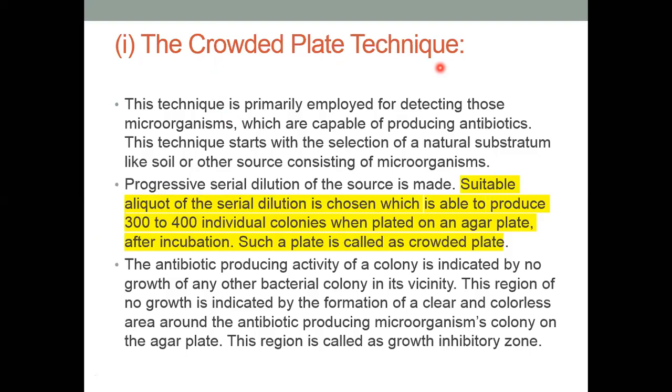So the antibiotic producing activity of a colony is indicated by no growth of any other bacterial colonies in its vicinity. This region of no growth appears as a clear, colorless area around the antibiotic producing microorganism. So let's say this soil sample was there to identify bacteria that are producing antibiotics.